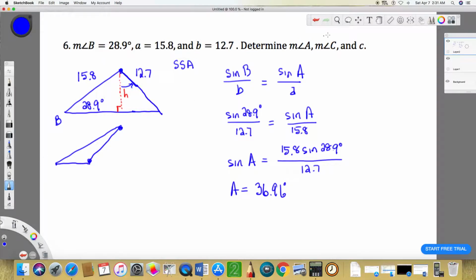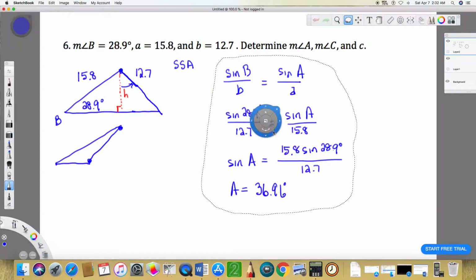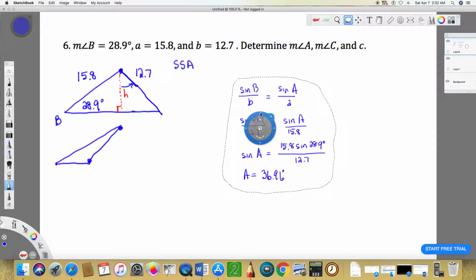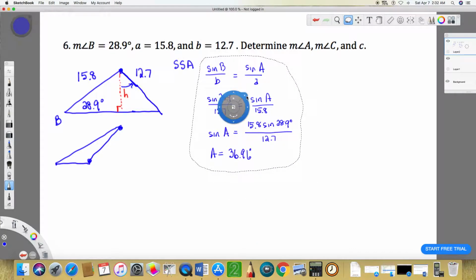Shrink this up a little bit. So now I know 2 of the 3 angles, and I can find the measure of angle C by my triangle angle sum theorem. I know inside of any triangle that the angles have to add up to 180.